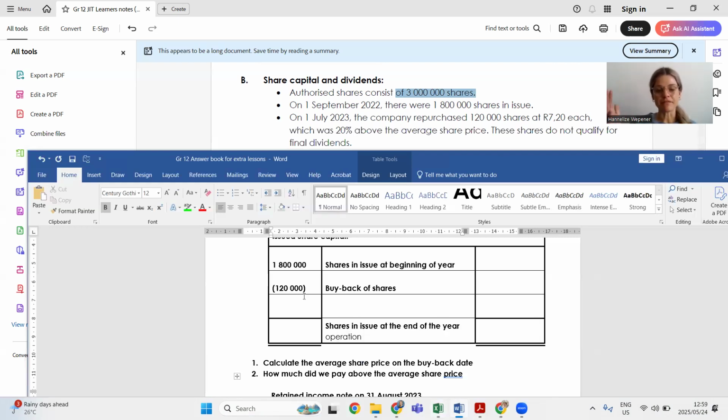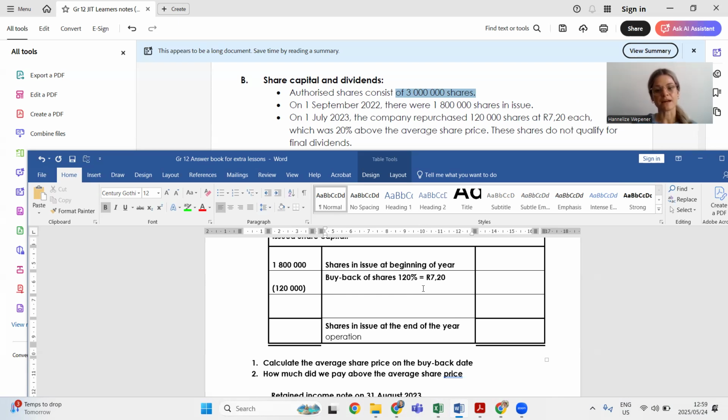So they took 100% of the average share price, and they said that, first of all, we're going to pay the shareholder the 100% of the price that he gave us. Plus, on top of that, we are going to give him another 20%. So in other words, they're going to give him 120% of the share price. And that amounted to R7.20 per share.